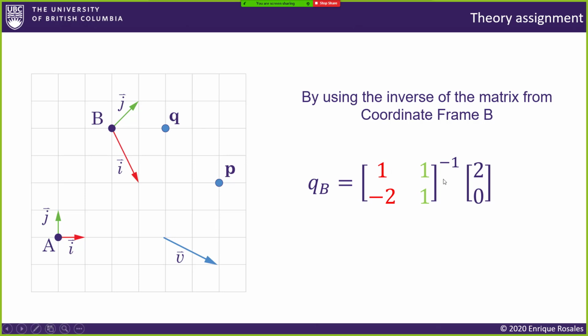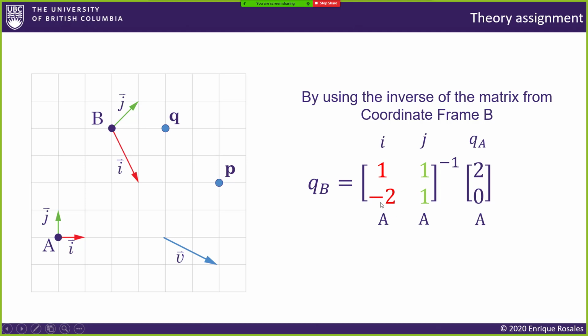The matrix of the coordinate frame B is basically composed of the basis vectors of the coordinate frame B, i and j. We need to take the inverse of that, and then multiply by the coordinates of the point Q with respect to coordinate frame A.